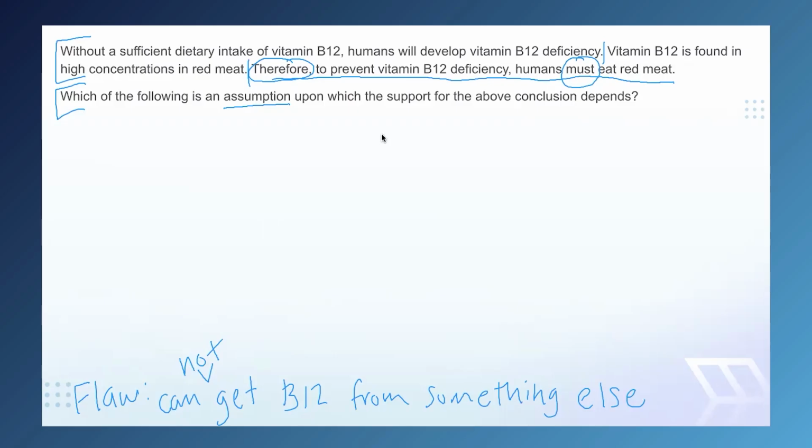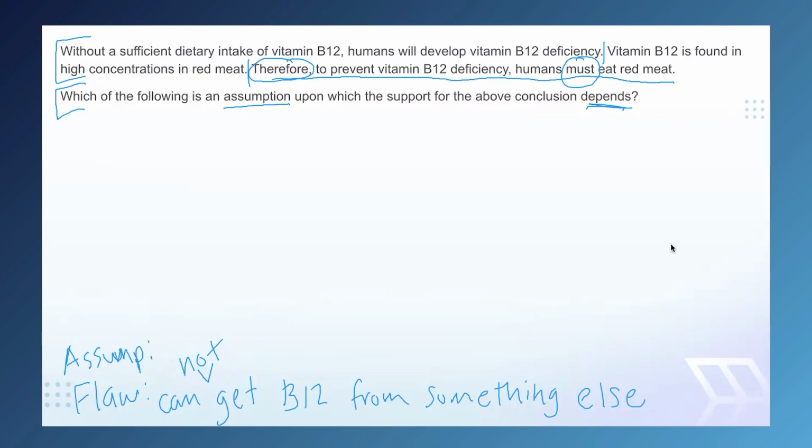It is something upon which the support for the conclusion depends. And just like with the conclusion, things that must be true are usually pretty reserved. They don't go too far. So with an assumption question, we're not going to make up some crazy story. We're just going to say our assumption is that we cannot get B12 from something else.